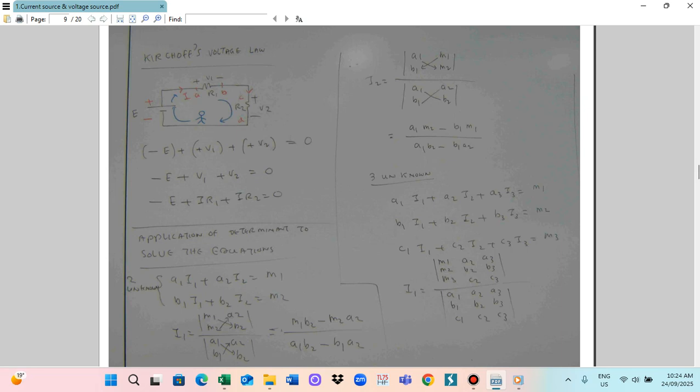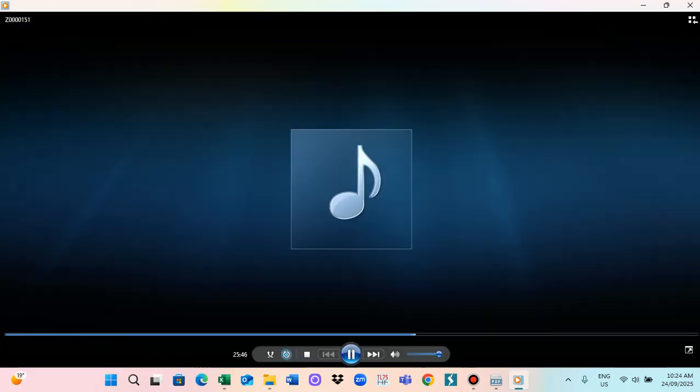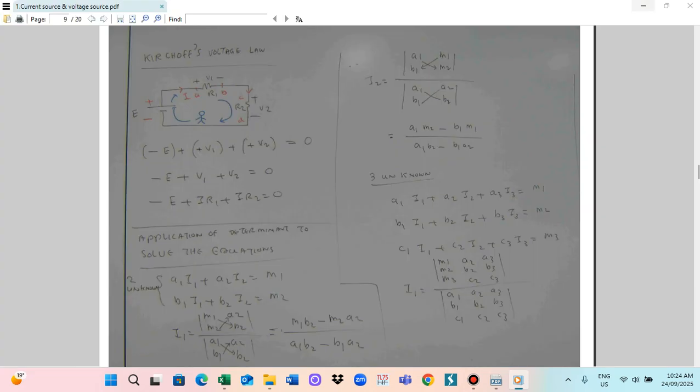V1 has resistance R1 and current I, so I multiplied by R1 is V1. Similarly, V2 has current I and resistance R2, so I multiplied by R2 is V2. That gives minus E plus IR1 plus IR2 equal to 0. This is the basic principle approach to solve the closed network.